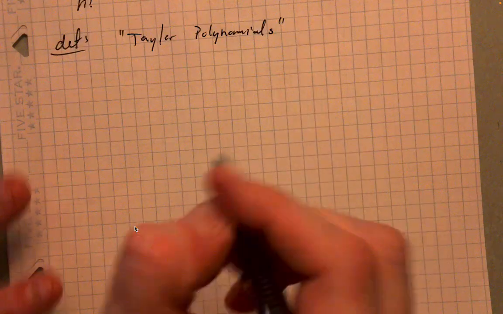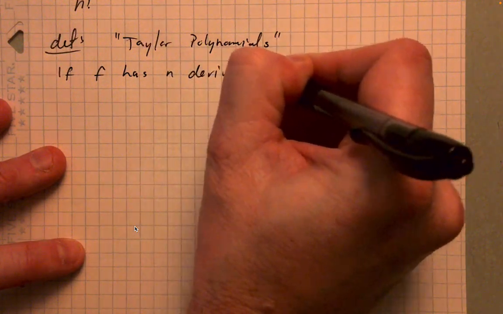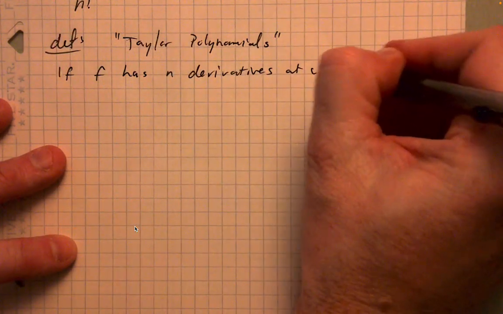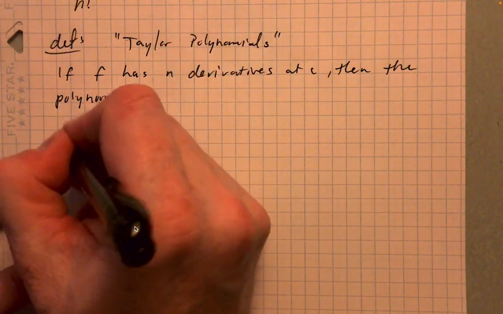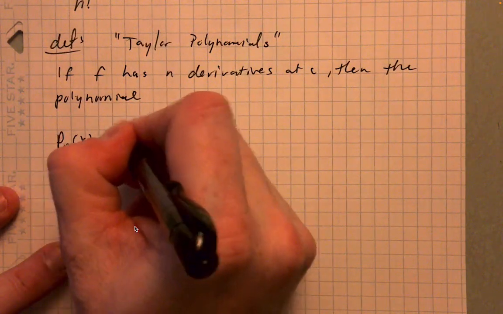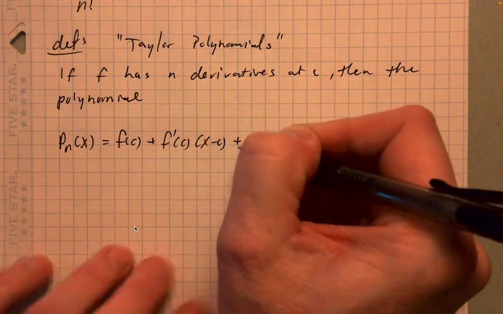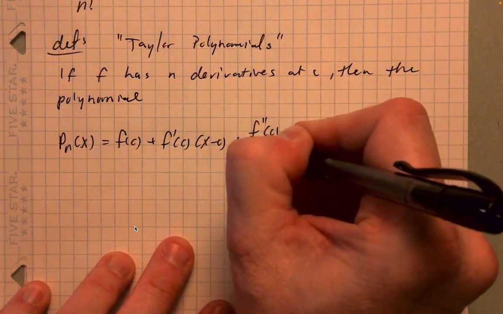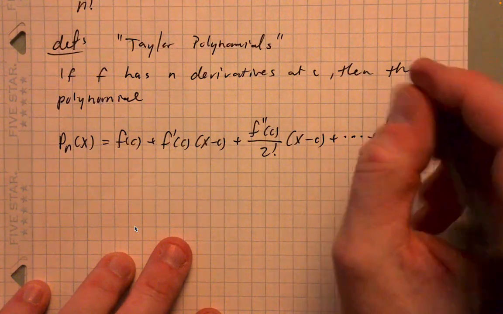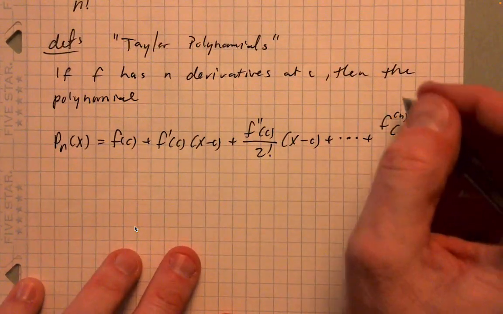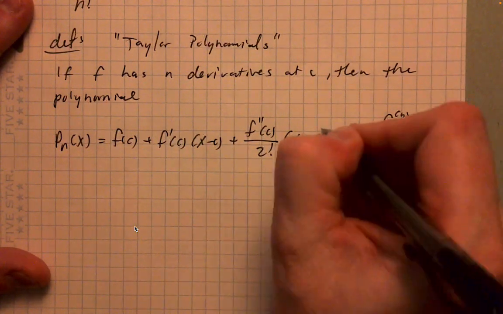If f has n derivatives at c, then the polynomial P sub n of x is equal to f of c plus f prime of c times x minus c plus f double prime of c over 2 factorial times x minus c, sorry, this should be squared, plus dot dot dot plus the nth derivative of f evaluated at c over n factorial times x minus c to the nth power.